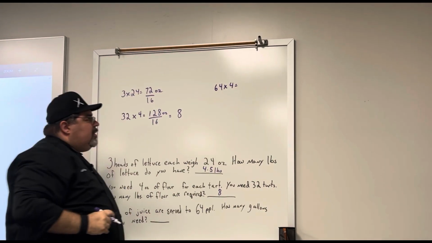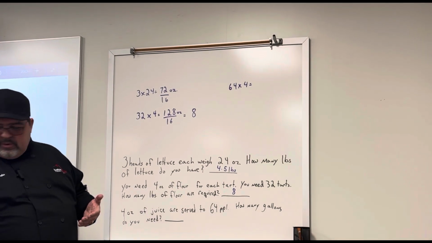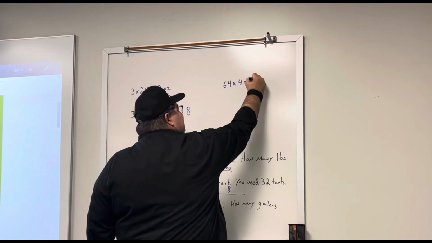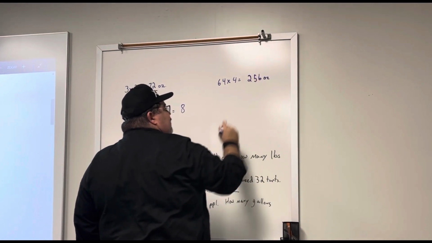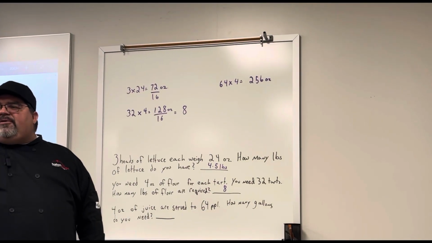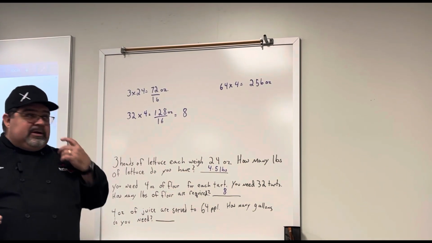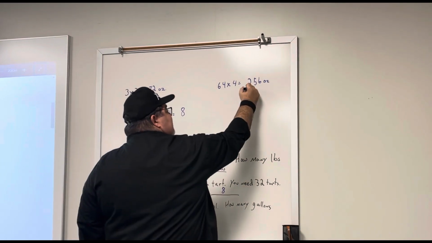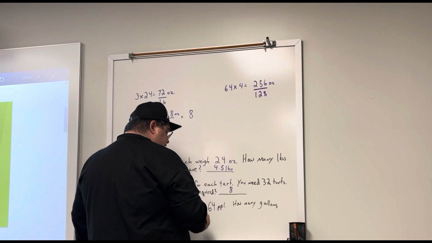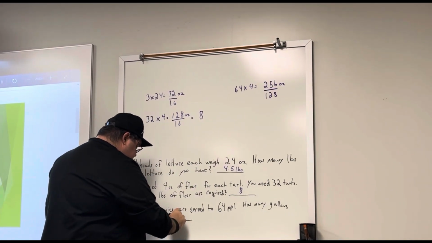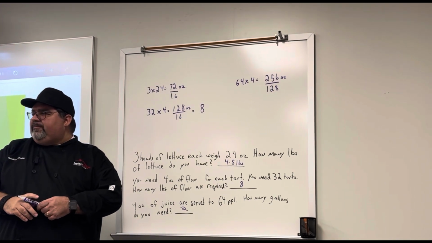That's going to give us the number of ounces of juice that are needed, which is 256 fluid ounces of juice. How many gallons do we need? We're going to take 256 divided by 128, and that's going to give us 2 gallons of juice.